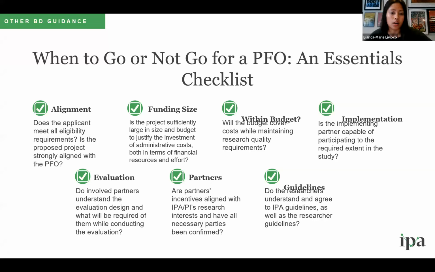This also includes implementation, evaluation, partners, and other guidelines. So just in general, is everyone in line, and are we all trying to achieve the same goal that the PFO is achieving? So again, just given the time, I won't go through these in detail, but feel free to take a look at this further, and I would be happy to answer any questions as well during the Q&A.